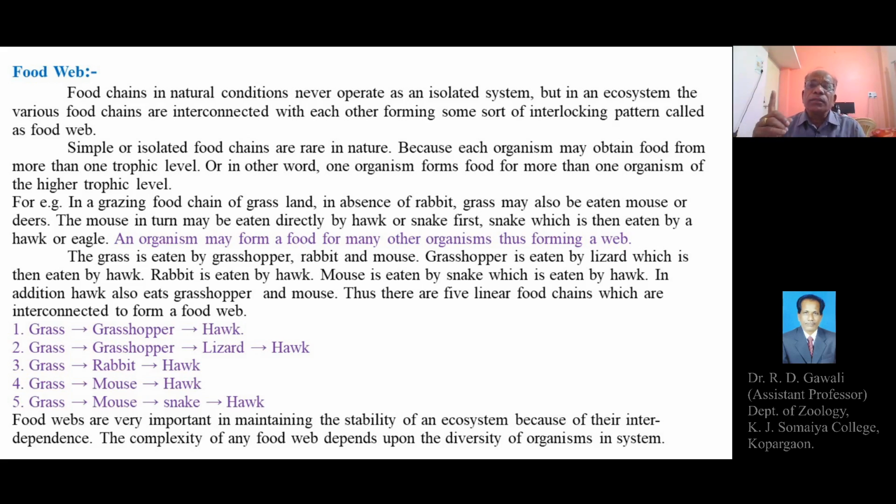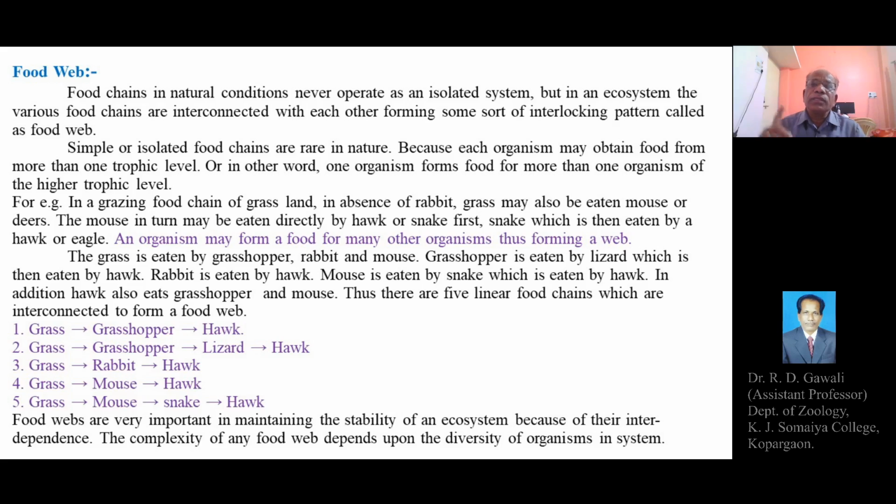Single or simple or isolated food chains are rare in nature. That is, in food chains with 3 to 5 trophic levels, each trophic level will not have an individual species of organism feeding on one another from the first trophic level to the next.